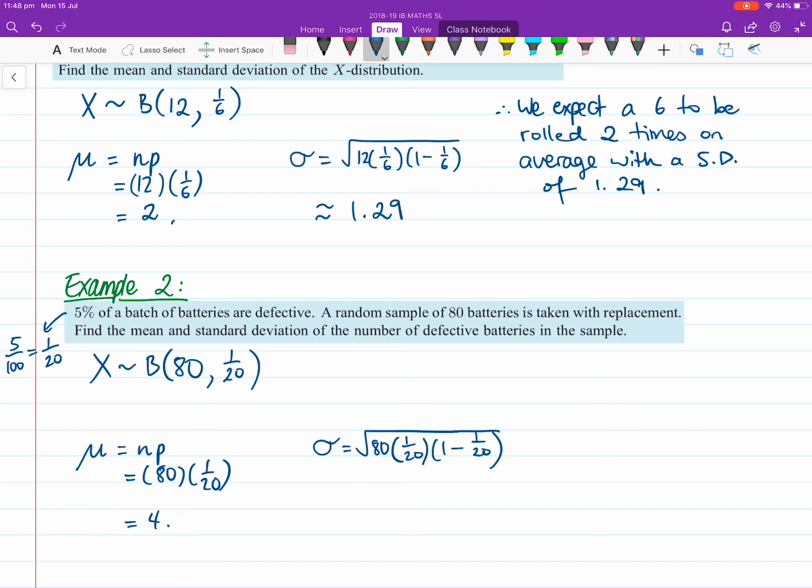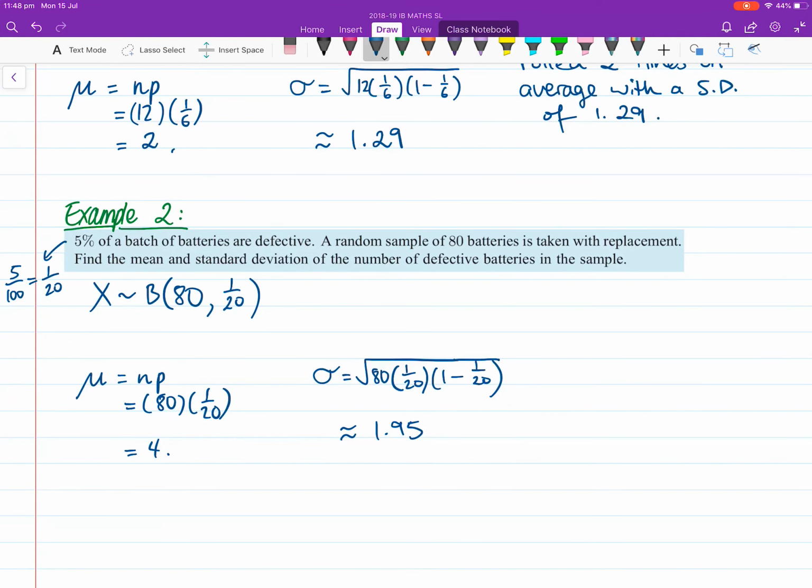You do it on the calculator, and we should get approximately 1.95 if I do 3 significant figures.